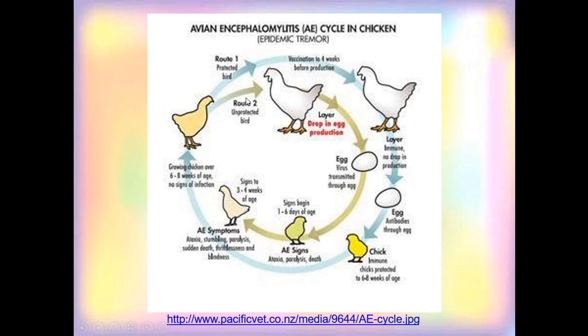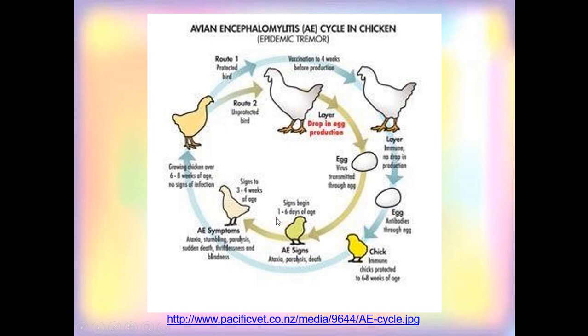However, the other route, vertical transmission, infects the ovaries. So if the picoRNA virus already infects the ovaries, it causes a drop in egg production. However, for some of the eggs that can hatch, the day-old chicks will show clinical signs around 3 to 4 weeks of age after hatching.